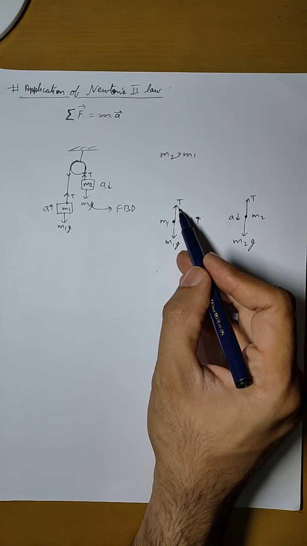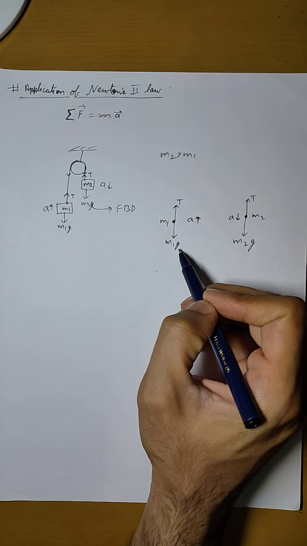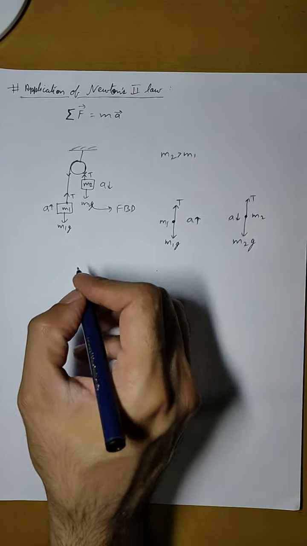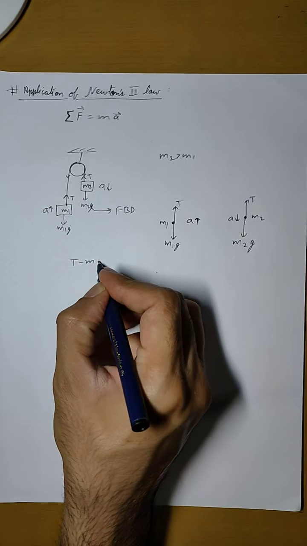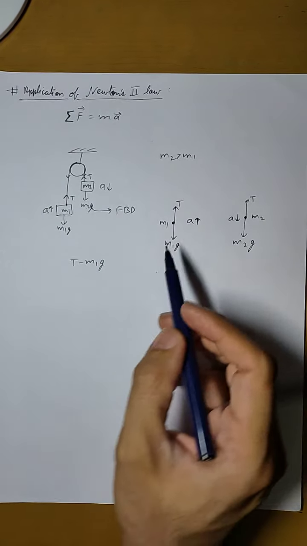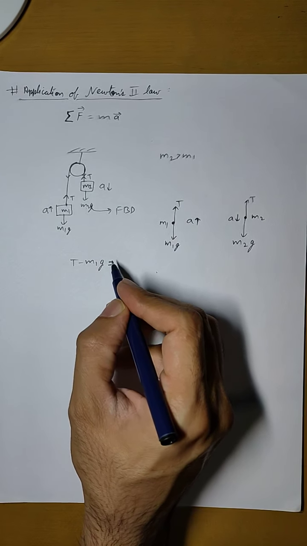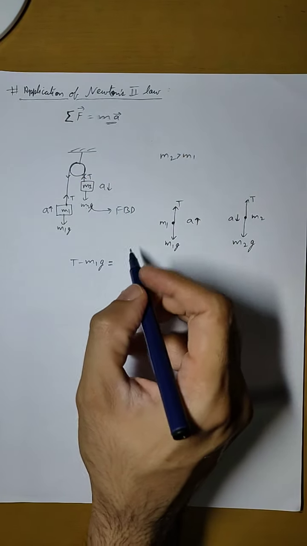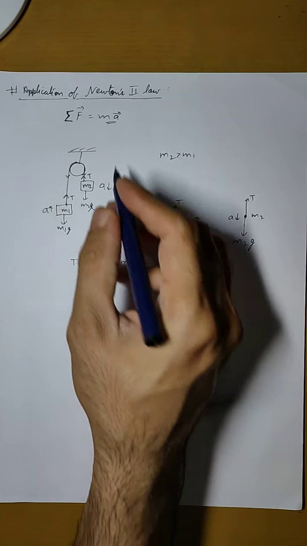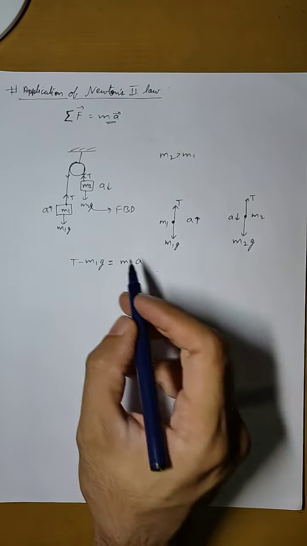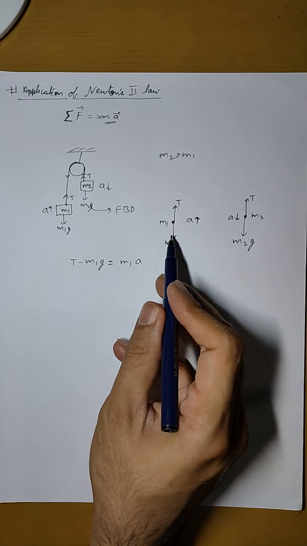So we can say that tension is greater than m1g. That is why the body is moving up. Using this, we can write T minus m1g, the net force on m1, and this should be equal to ma. Here m is m1 and a is a simply, so this will be the equation of the first body.